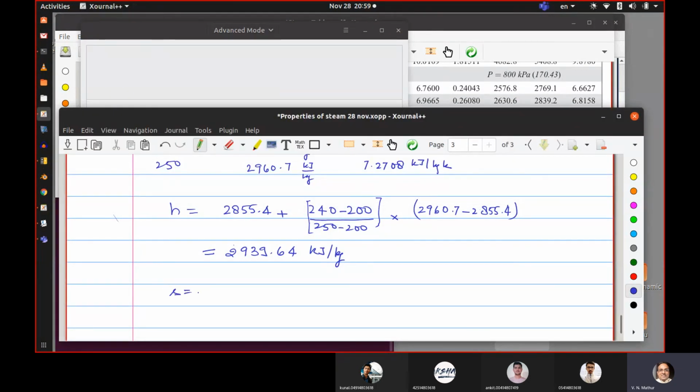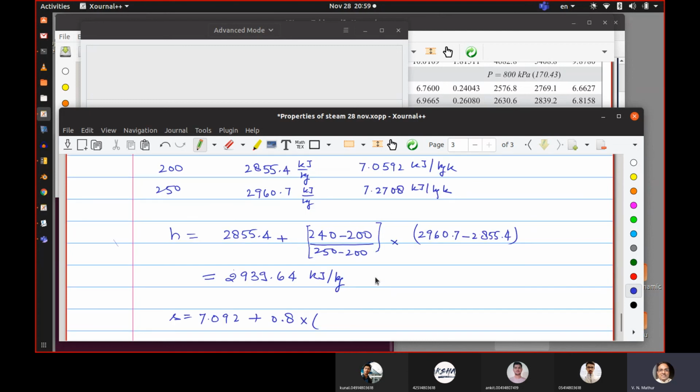S is equal to 7.0592 plus 0.8 multiplied by the difference, and the difference is 7.2708 minus 7.0592, which is 0.2116.